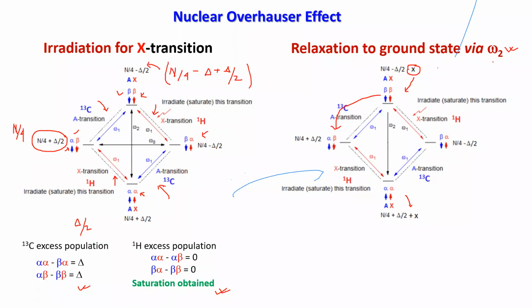This is one quantum transition because the red color is the same. Beta red and beta red, they are same, but only the blue is changing. So this is single quantum transition.